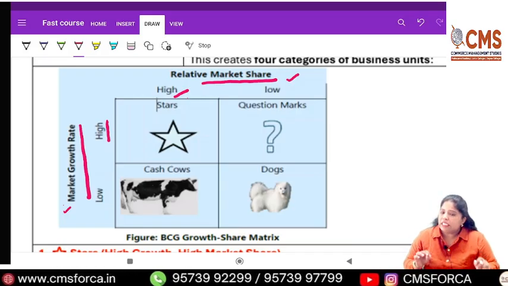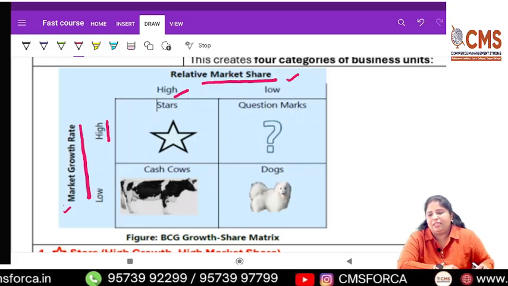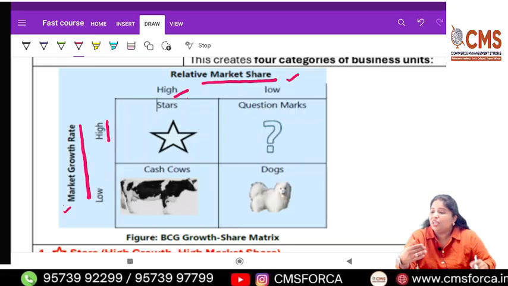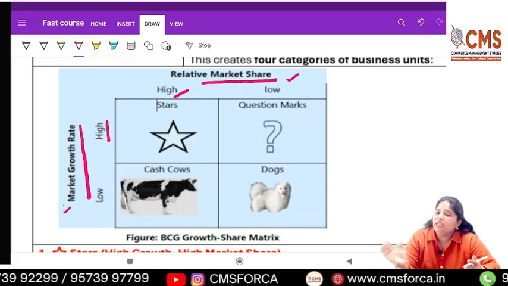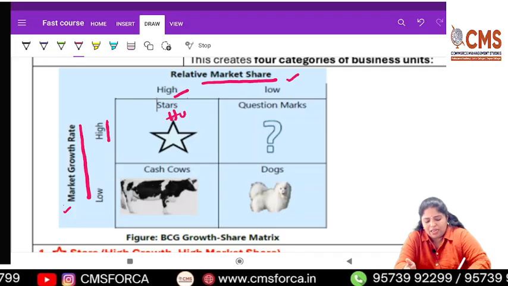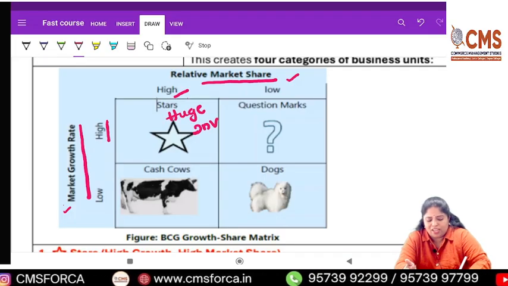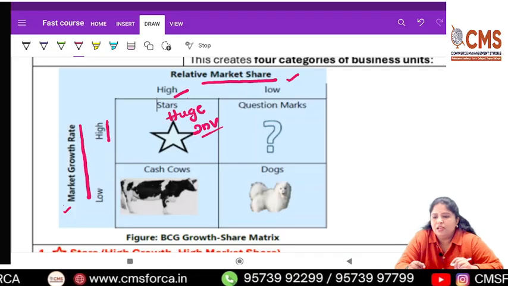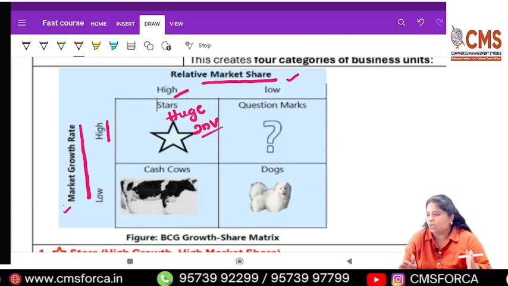The only concern with star category is, as they are in a very good position, to maintain and safeguard that position, star category businesses may require huge investment because they need to sustain that position.